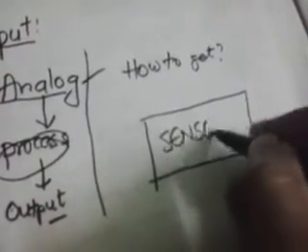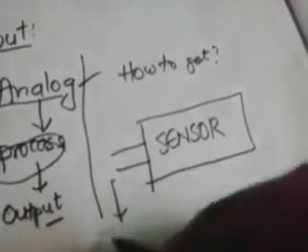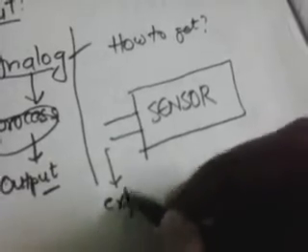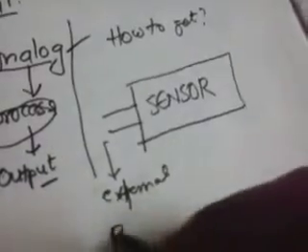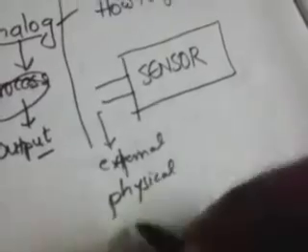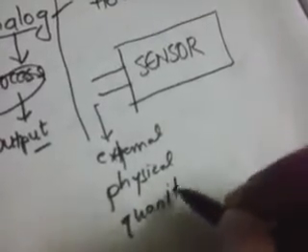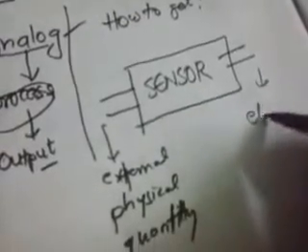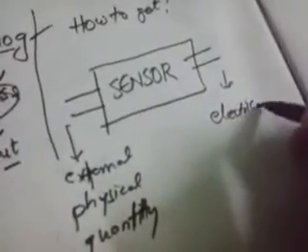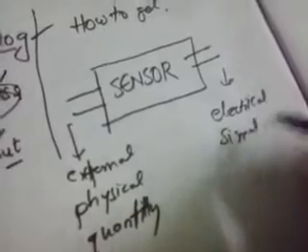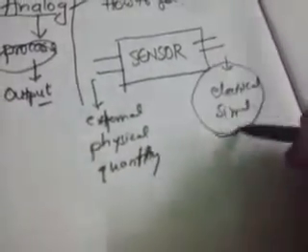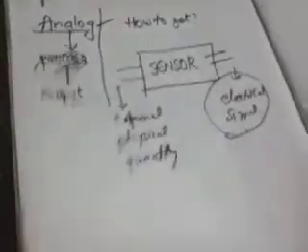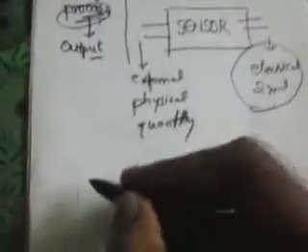What does a sensor mean? Any external physical quantity is converted into an electrical signal, and that electrical signal is used to process the information. So here comes another block.